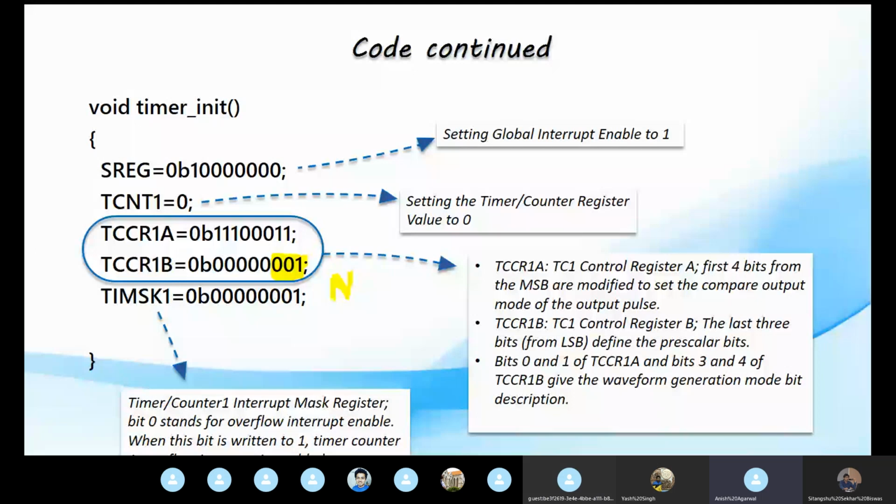In the TIMSK1, when the least significant bit is written to 1, the timer counter interrupt is enabled. The 0th bit stands for overflow interrupt enable.